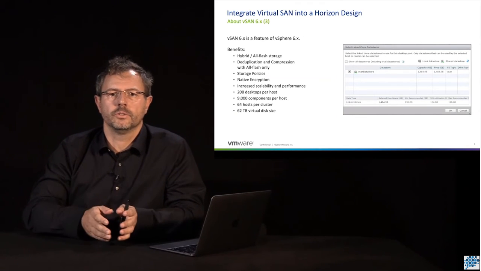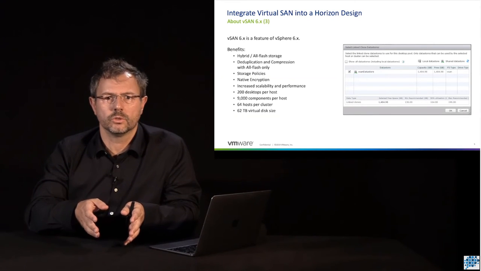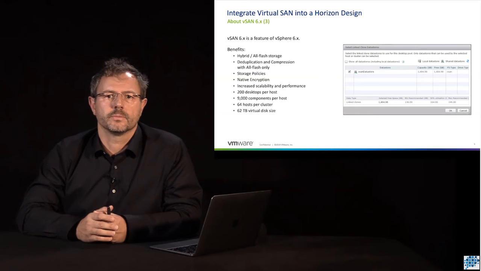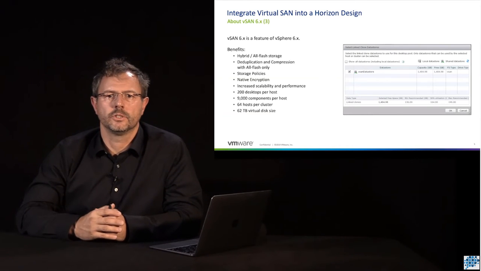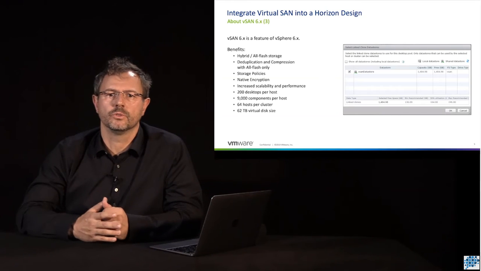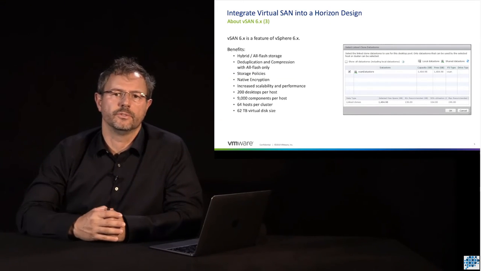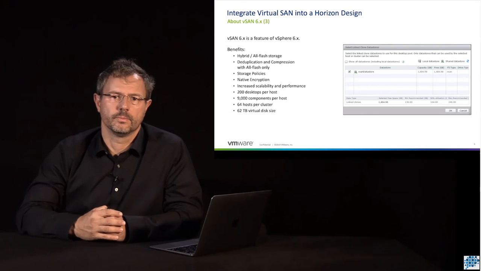So we get additional CPU power, additional RAM, additional disk space, additional I/Os, and additional network paths. Of course, there are some limitations like 200 virtual machines per host, 9,000 objects per host, and a vSAN cluster can be grown up to 64 hosts.